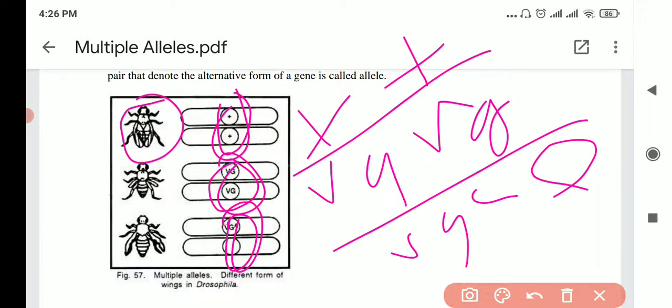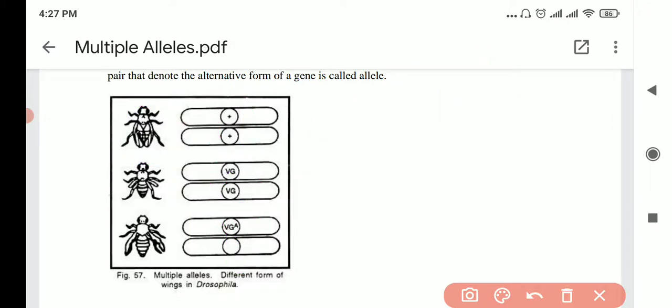But how the wing will look, whether it's long or thin or feathery, is not the job of the gene anymore. The gene says you will code for wings. But because of the alleles, how the alleles are arranged, if one homologous chromosome has plus and the other also has plus, the wings appear normal.